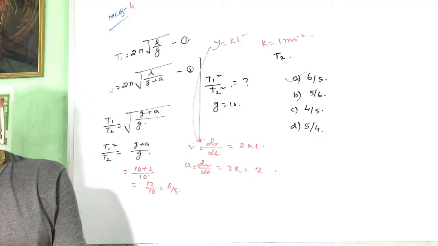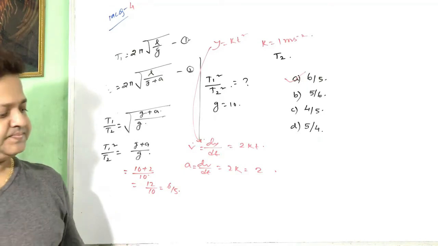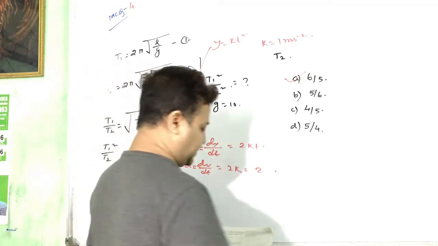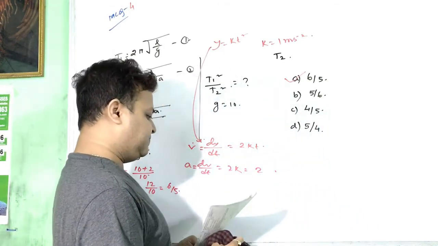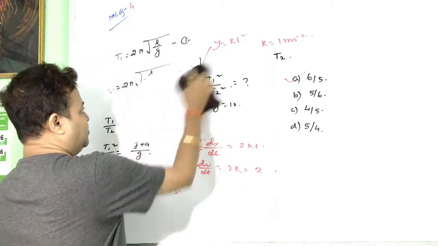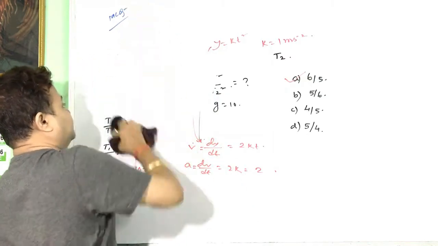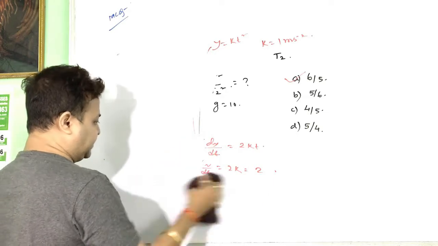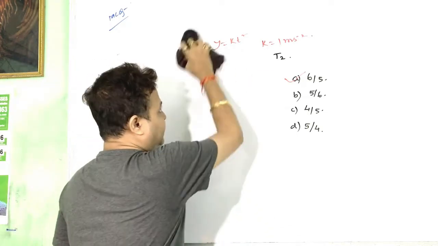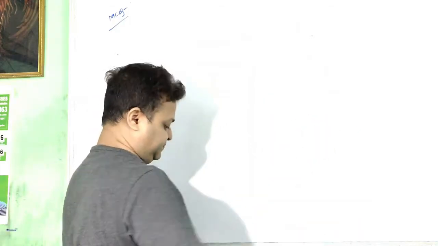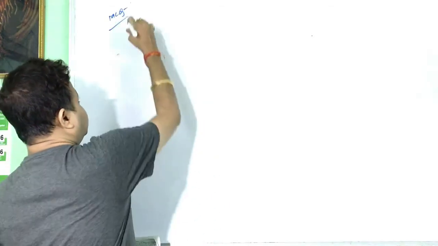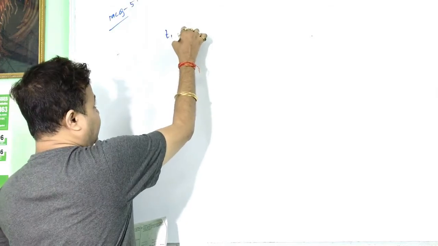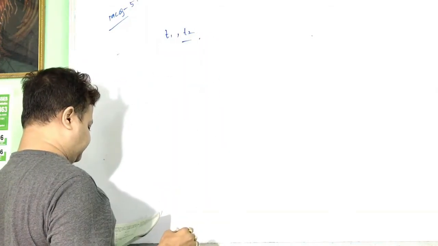Next, a mass is suspended separately by two different springs in successive order, and their time periods are T1 and T2 respectively.